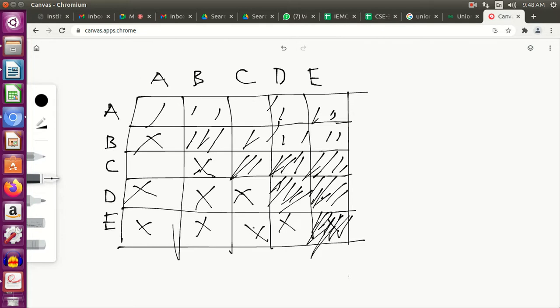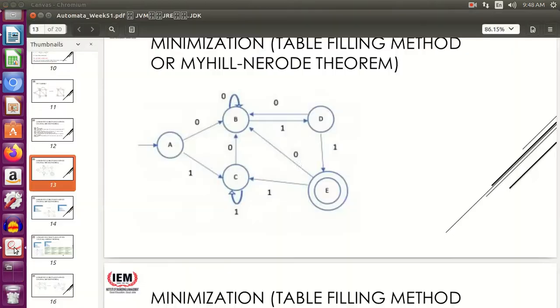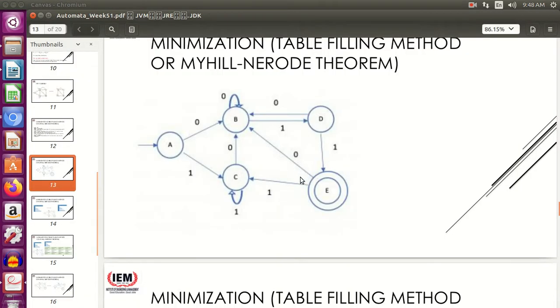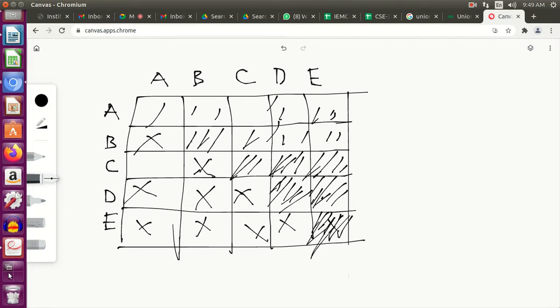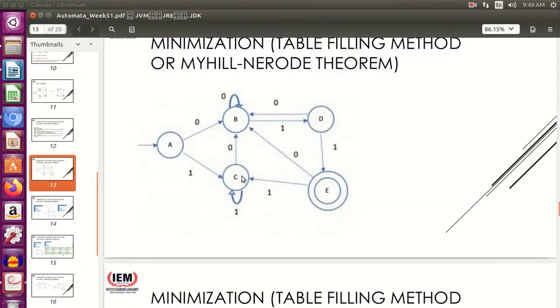After that, what you do is you keep on checking the DFA. Go to the DFA and see, for the other cells that you have, what are the other cells you have? These are already marked. So the next cell that you consider is CD. So go and check for CD. What are you going to check? C on getting a 1 remains at C. D on getting a 1 goes to E. And here is your point.